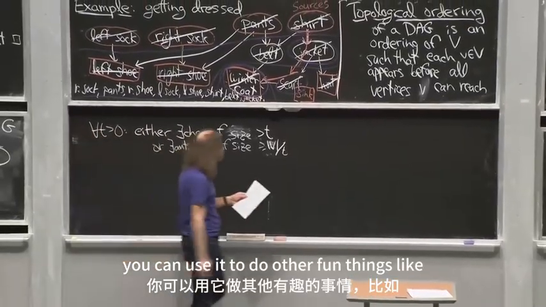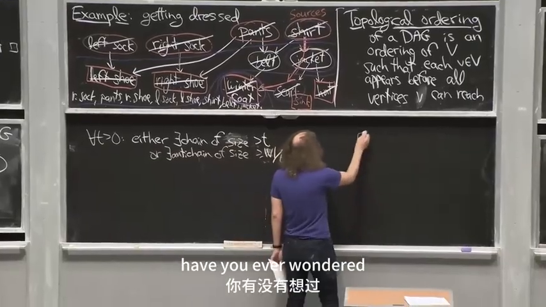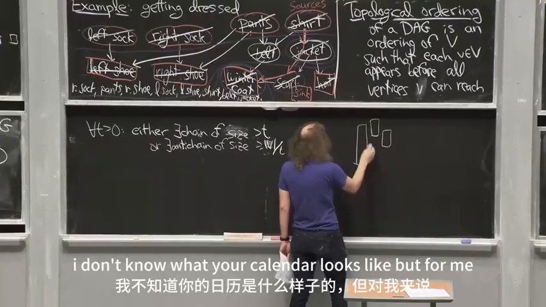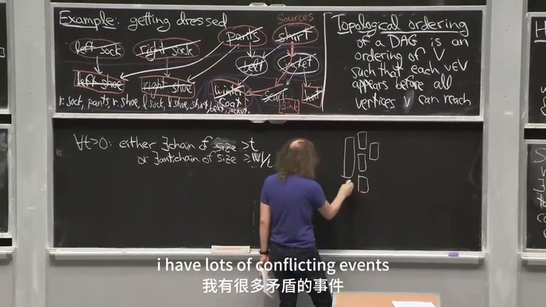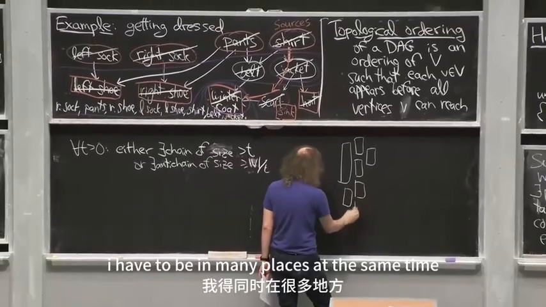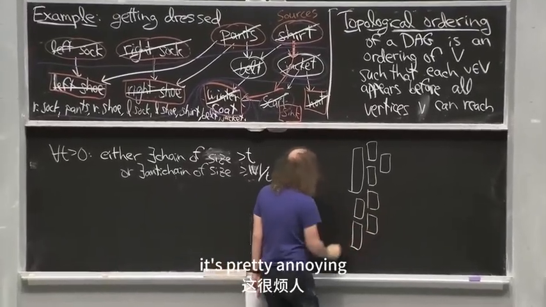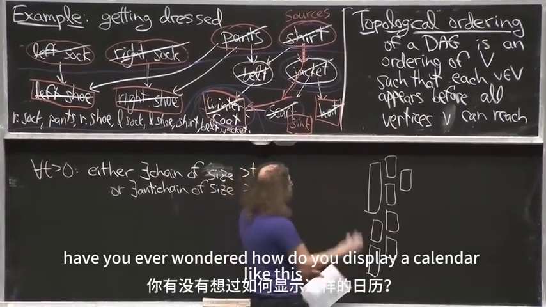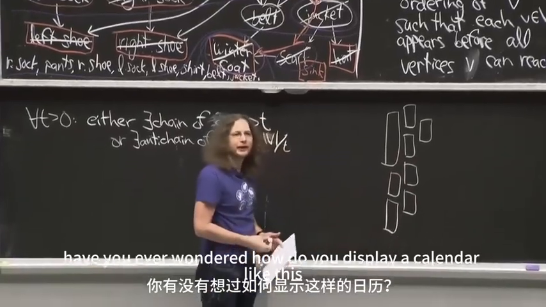You can use it to do other fun things. Have you ever wondered, I don't know what your calendar looks like, but for me, I have lots of conflicting events. I have to be in many places at the same time. It's pretty annoying. And partly because I have many calendars all displayed in the same place. And so have you ever wondered, how do you display a calendar like this?